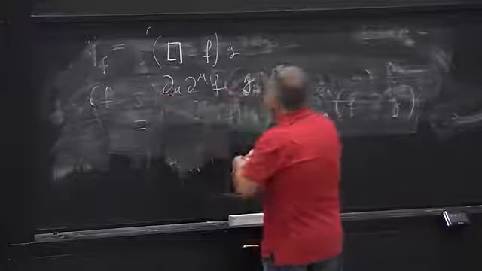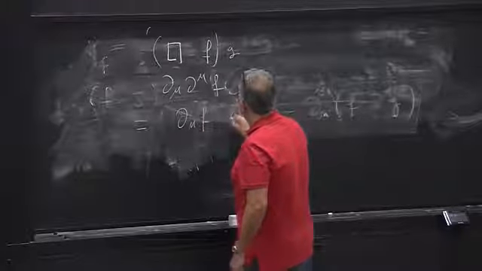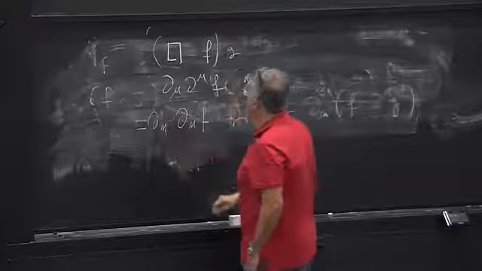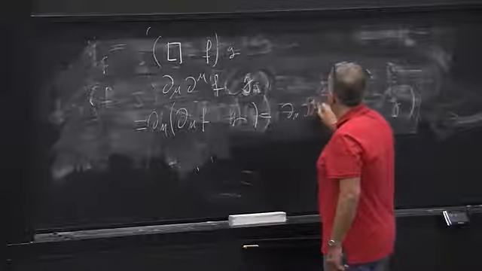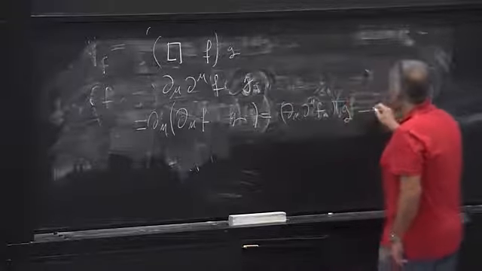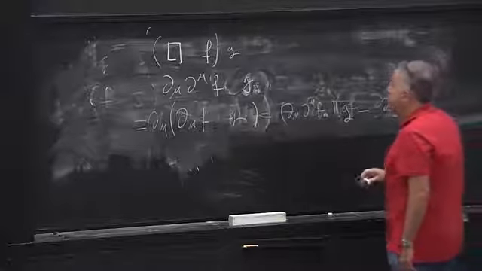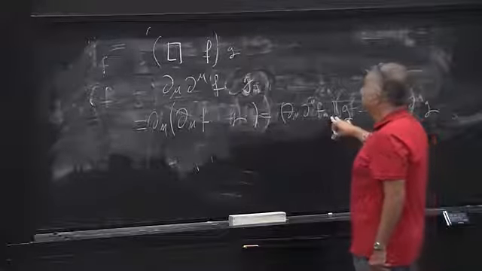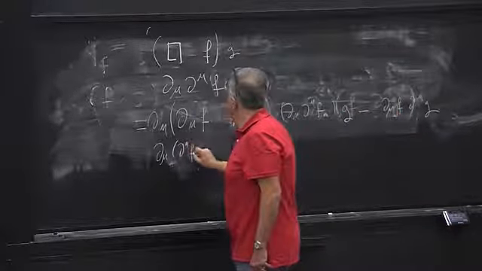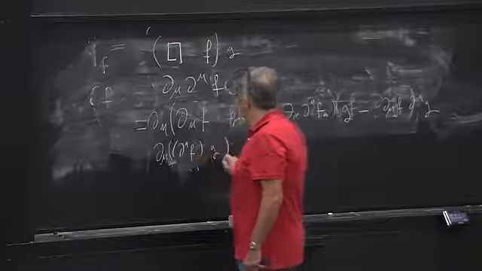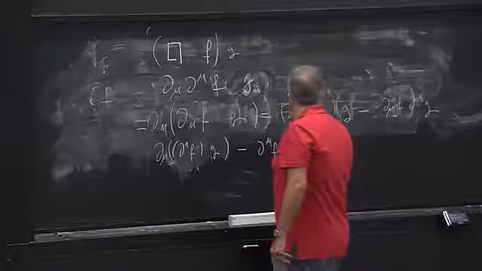So this is d mu F, say, G. When I apply an extra d mu here, this is going to be d mu F times G minus d mu F d mu G. Okay, so this is equal to this minus d mu f d mu g.